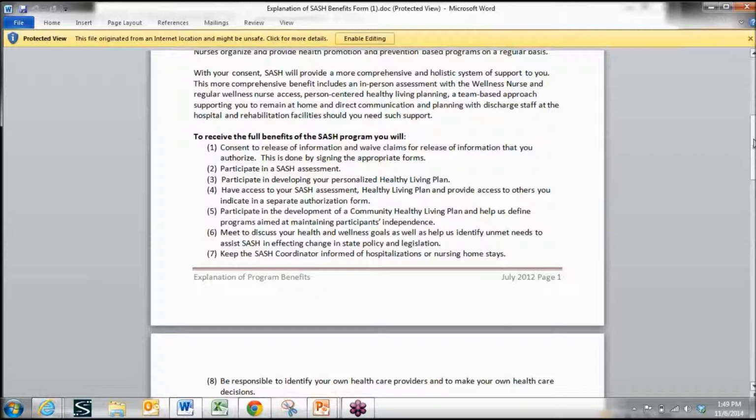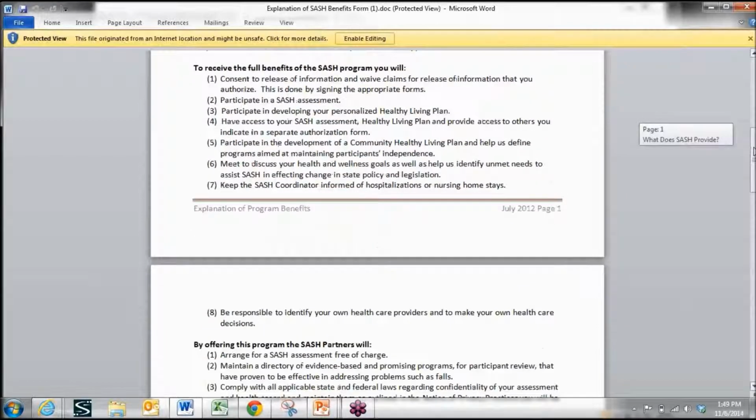Number two talks about them participating in an assessment and working on a healthy living plan. So I don't need to read this to you all, but you can walk through it with your participant to say, this is what we'll be working with you on as part of the SASH program. So it gives them a sense of what SASH will be providing.